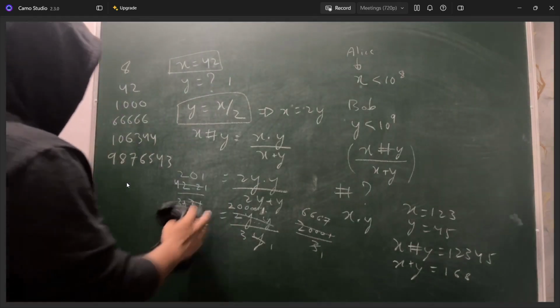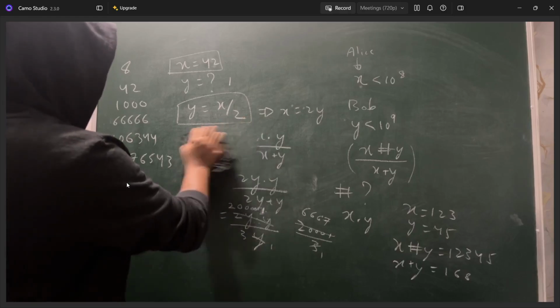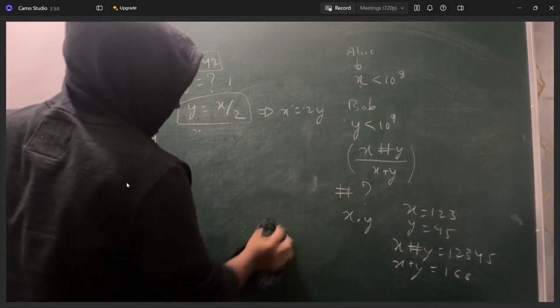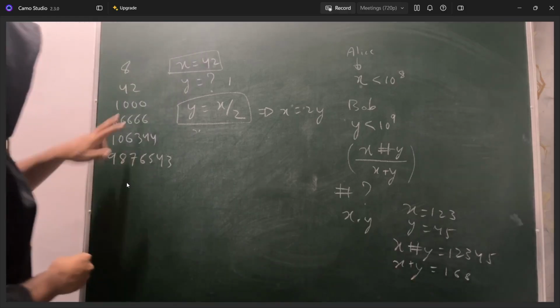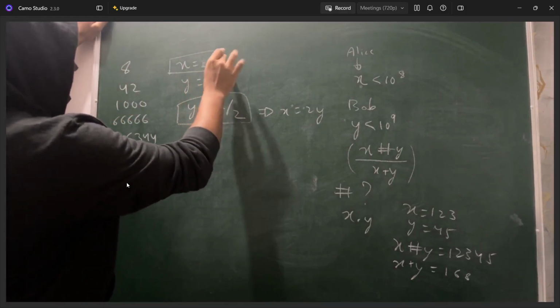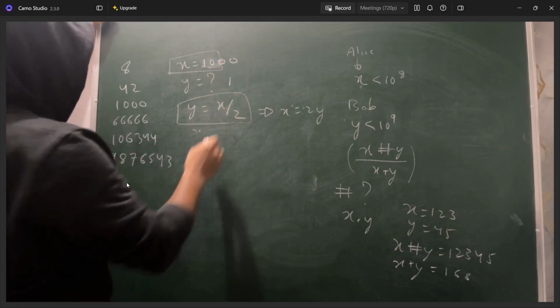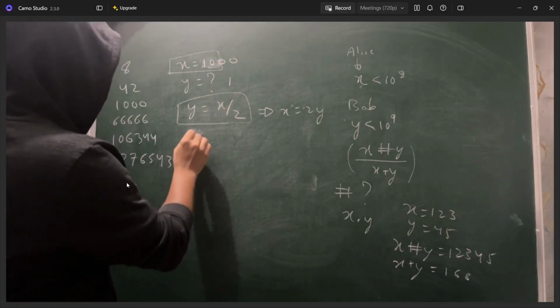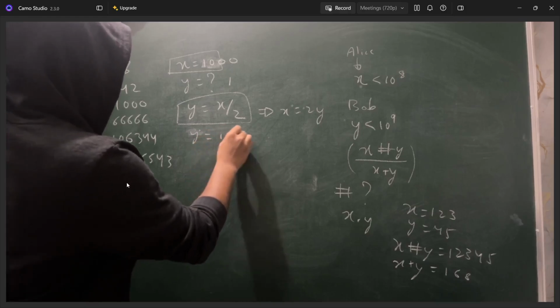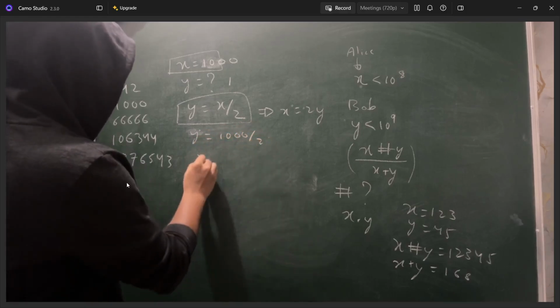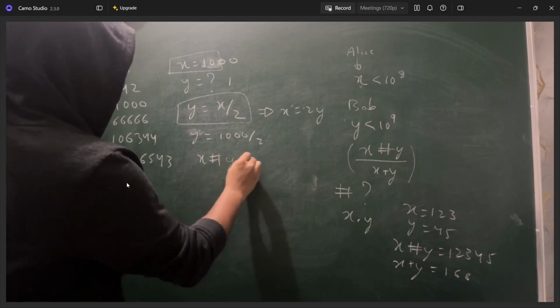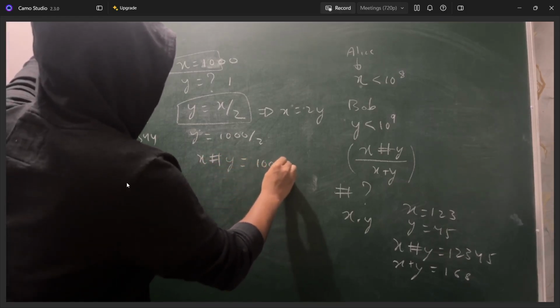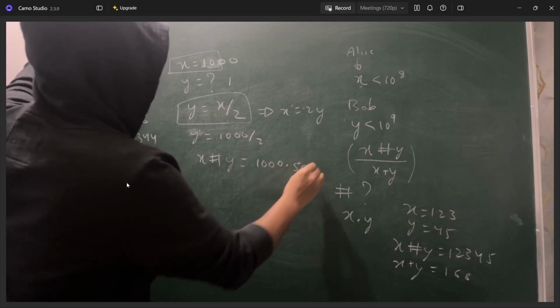If you're not getting it, let me take one more example and explain. So one more example, I'll be taking 1000. And why I'm saying y is equal to 1000 by 2. So your x hash y will be in the form of 1000, and 1000 by 2 is 500.